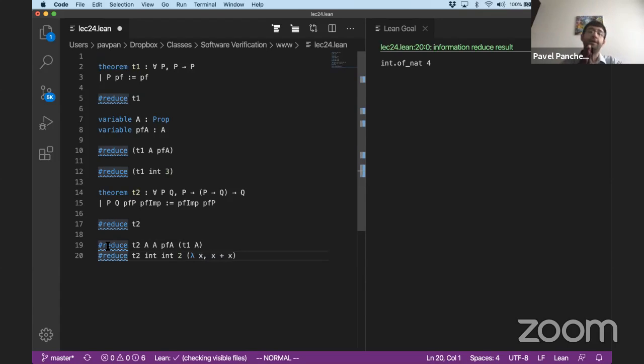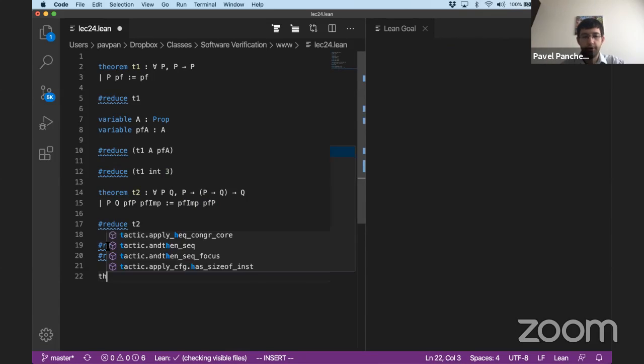So again, we see that what we've written down here as a theorem, a proof of some logical fact, uses the same syntax that we use for applying functions, and can in fact be used both on propositions and on functions.